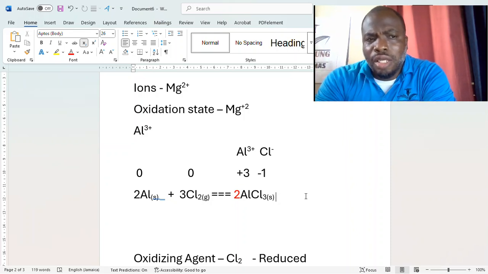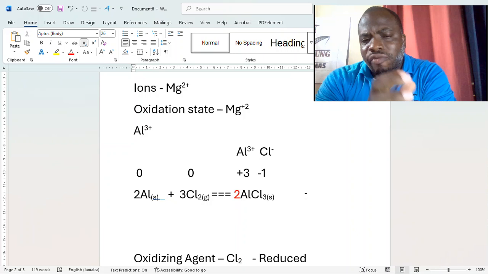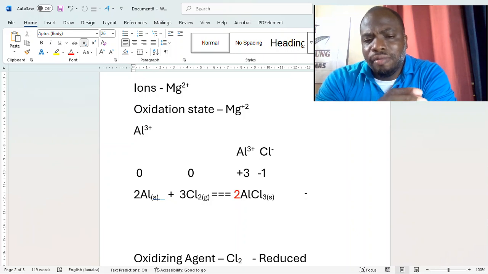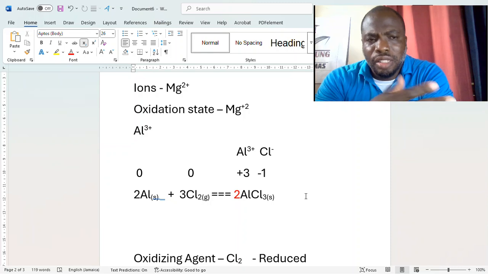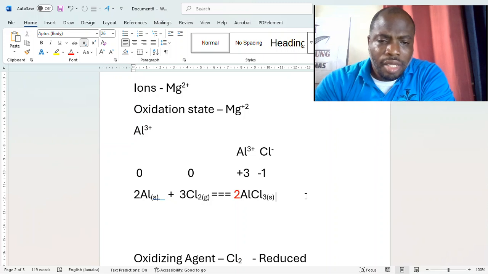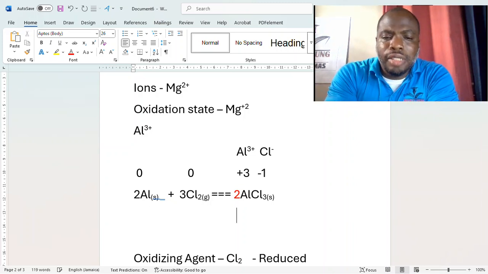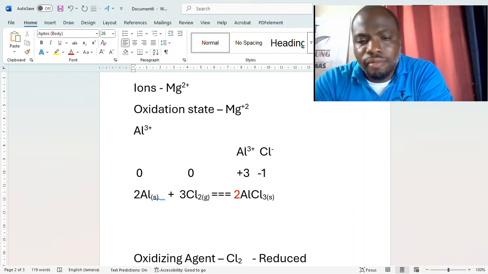When you look at the compound, you're not seeing any charge. From day one, when you visited bonding and looked at ionic bonding, you would have recognized that the aluminum is bonded to 3 chlorine ions or atoms, causing them to gain the electron. Let's make this distinction now, because this is why it sometimes creates a problem for students.